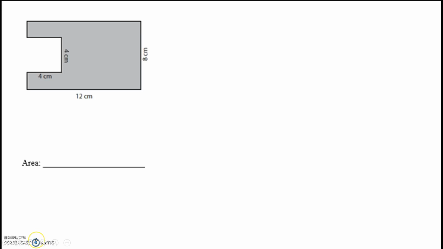These last 2 you're going to go ahead and do on your own, but it's asking you for the shaded area. So when we're finding the shaded area, it's often easiest to look if we have multiple pieces and one we can take out. So here I see this big rectangle.